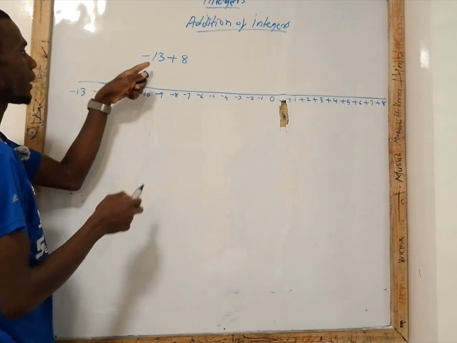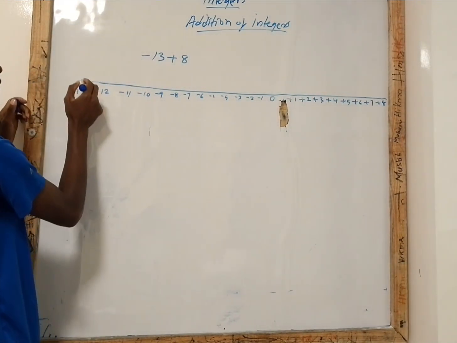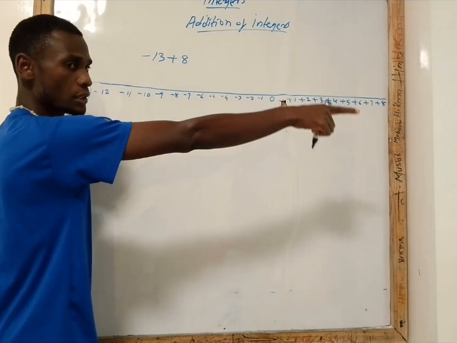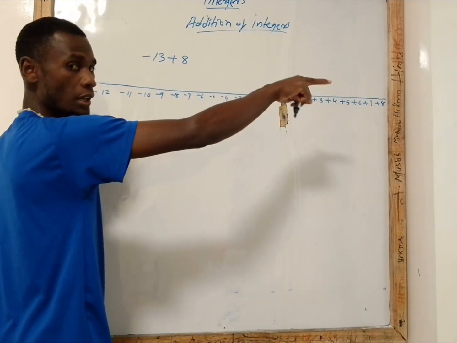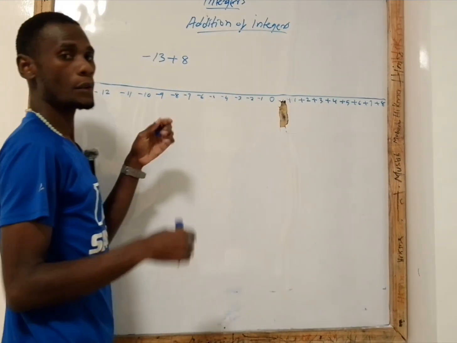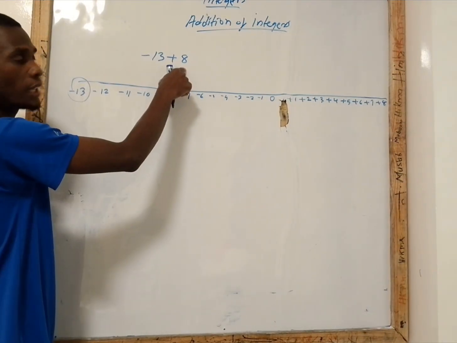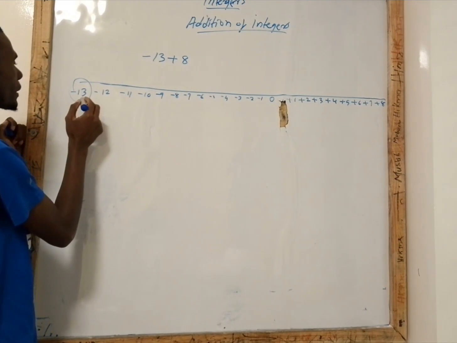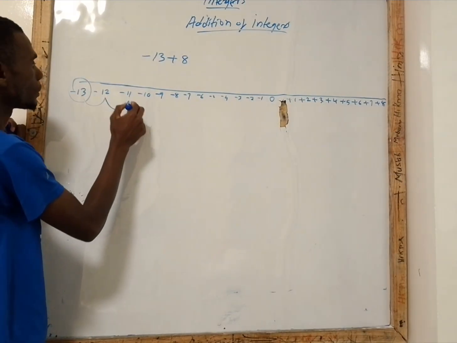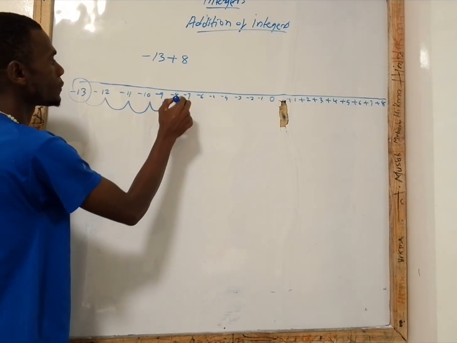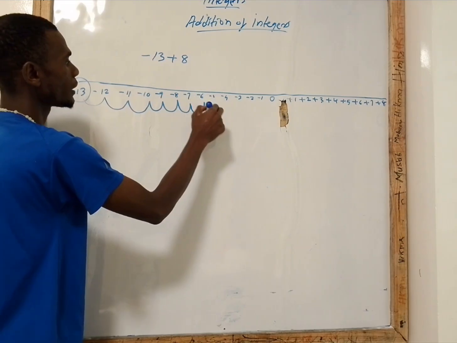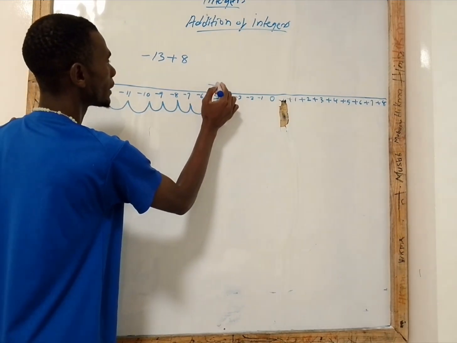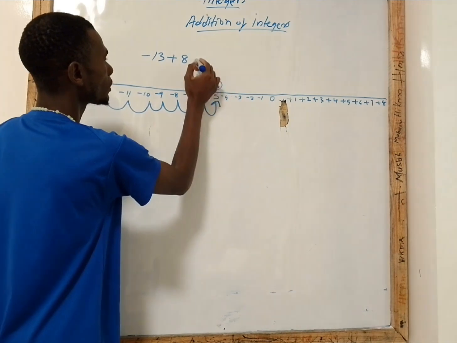So you come to your negative 13, then plus means you are moving towards the right hand side, step by step, 8 steps from negative 13. So we start 1, 2, 3, 4, 5, 6, 7, 8. 8 is here, landing us at negative 5.